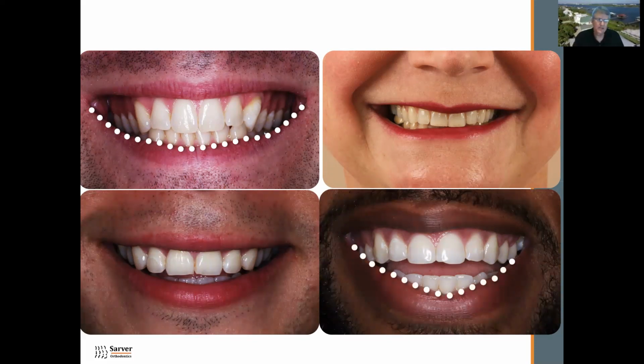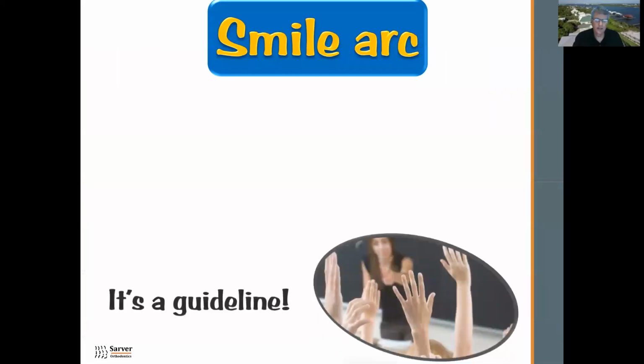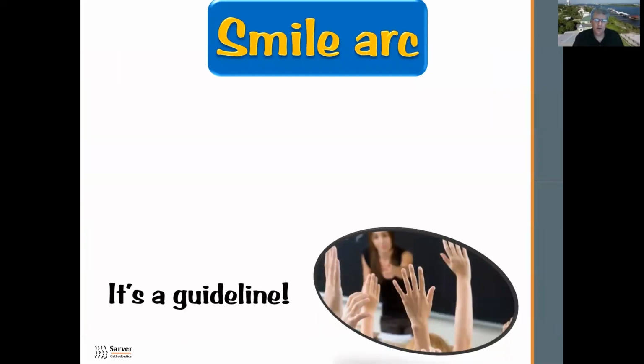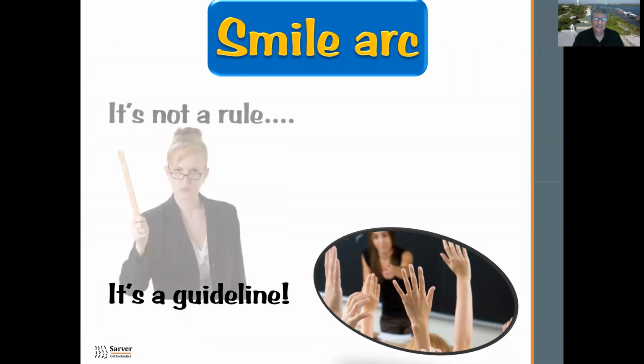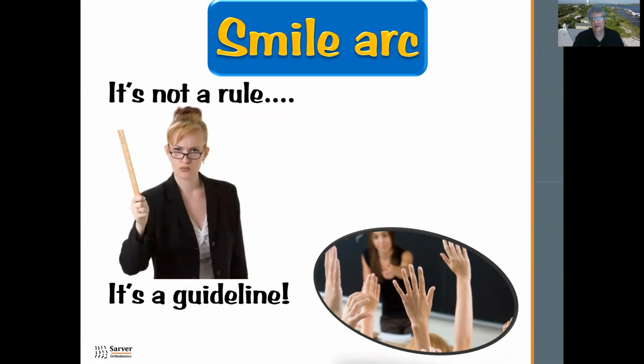So that is to bring up that, I tell people, look, smile arc is a guideline. It's not a rule. As dentists, we're trained in dental school that everything has to be within an angstrom of whatever. And that's beaten into us all the way through orthodontics, that the lower incisor has to be at 93 degrees to APO.